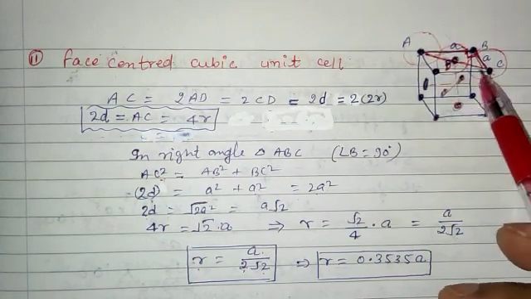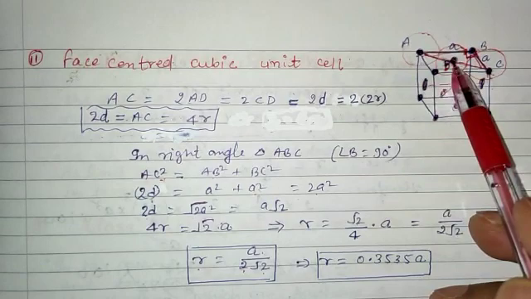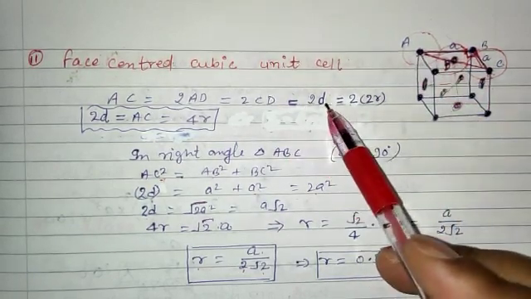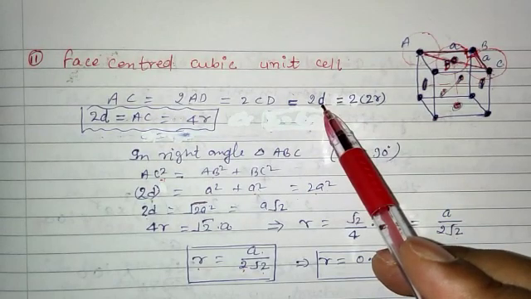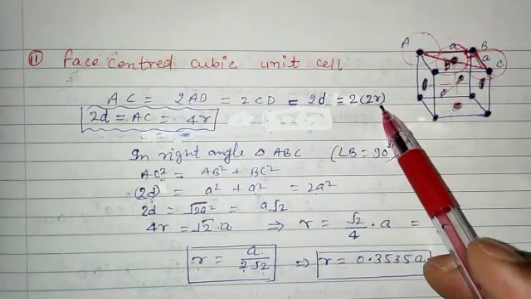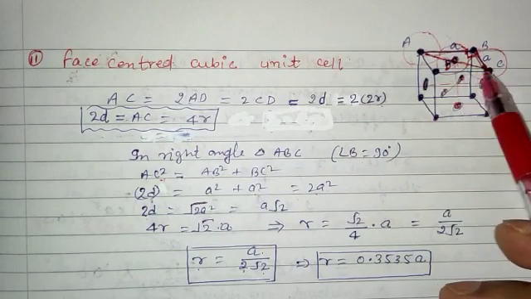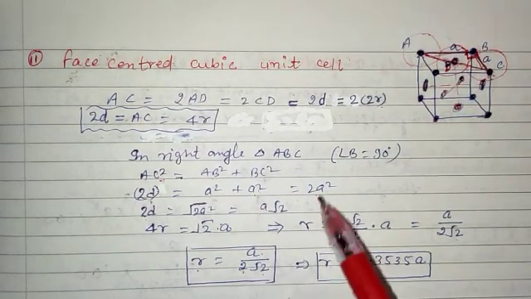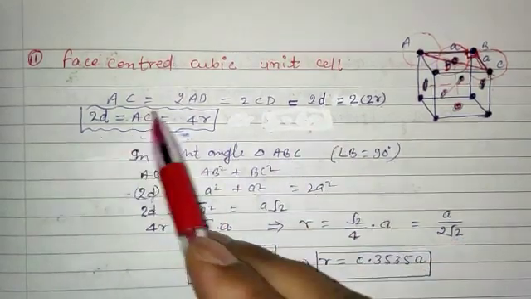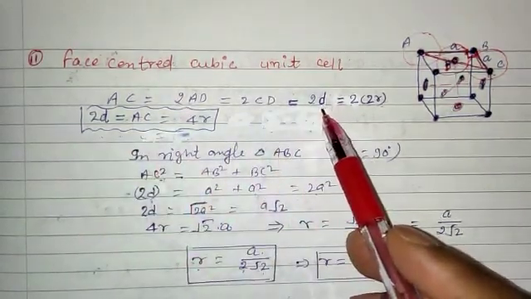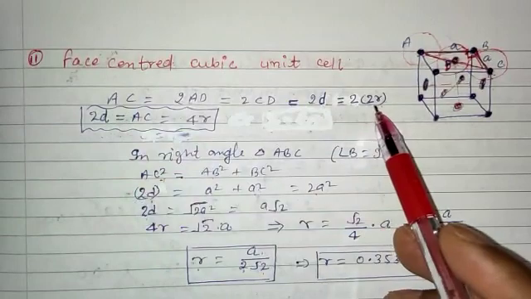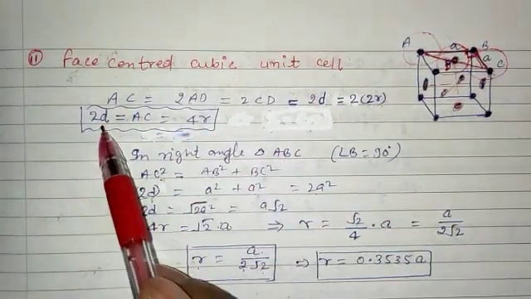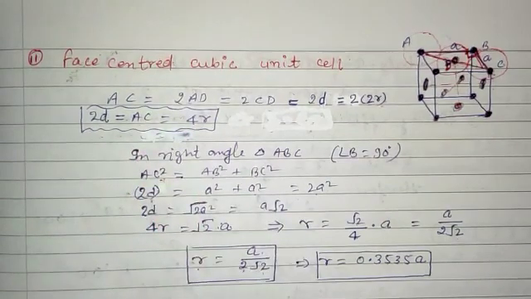CD equal d and AD equal also d, means you can say AC equal 2d and d equal to 2r, sum of the nearest neighboring atoms radius. Okay, so AC equal to 2d, you can say AC equal to 2 into 2r, that becomes 4r.